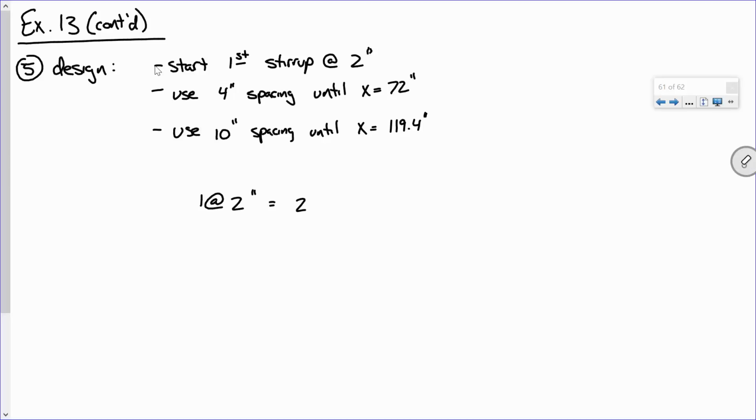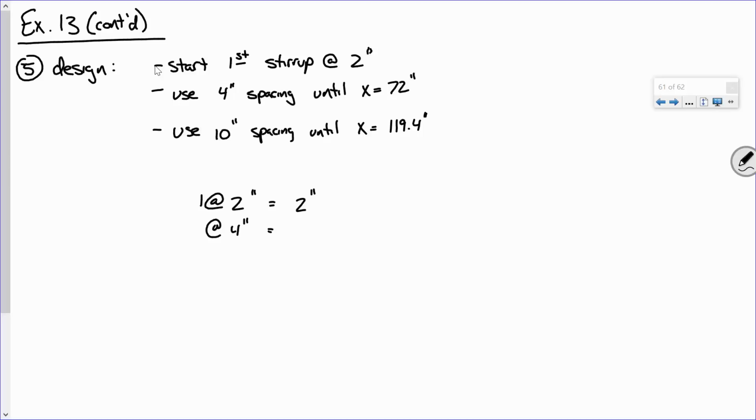All right. Okay, so I placed my first stirrup at 2 inches. Then my next increment is 4 inches. Now, I can use that until x equals 72 inches. So I've traversed 2. That means I've got 70 left, right?